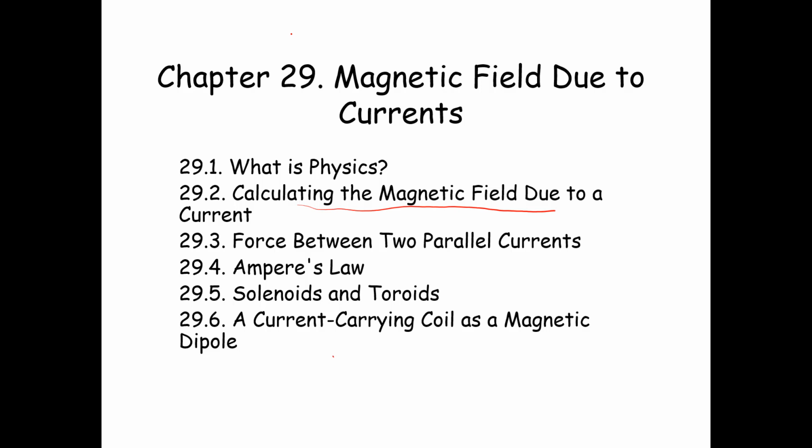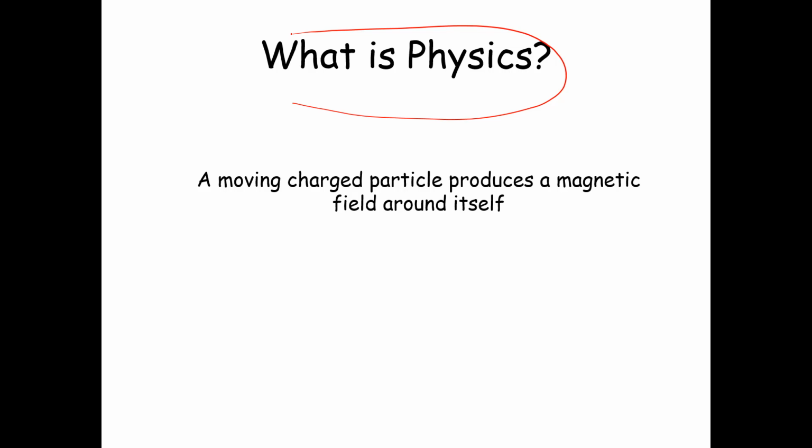If we have a wire, like a cable or some material that contains a current, then around that cable or wire we have a magnetic field, because of the moving charged particles.